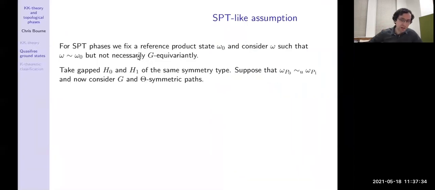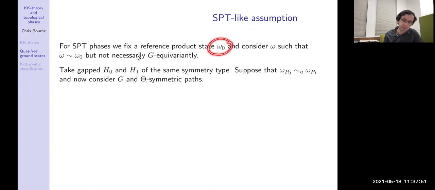Okay, so now, as my title suggested, we're going to take a cue from these SPT phases, or symmetry protected topological phases, which I did not actually say what SPT was. So in SPT phases, what do we do?